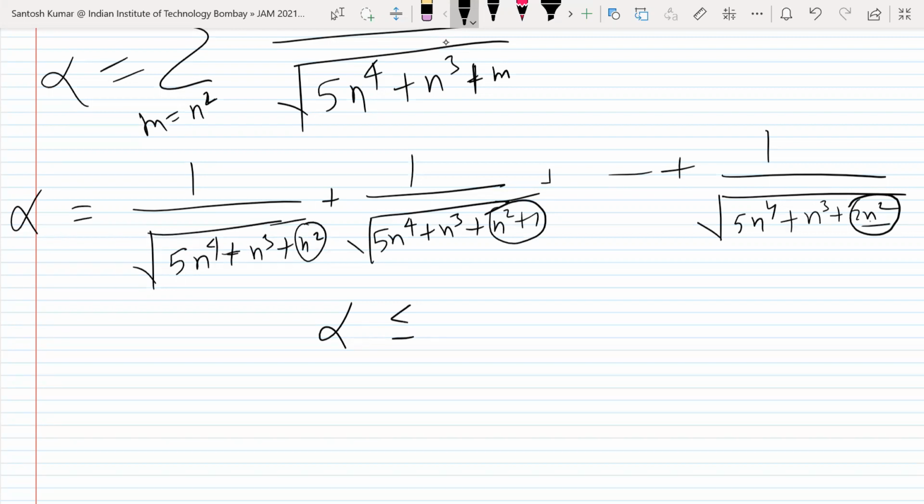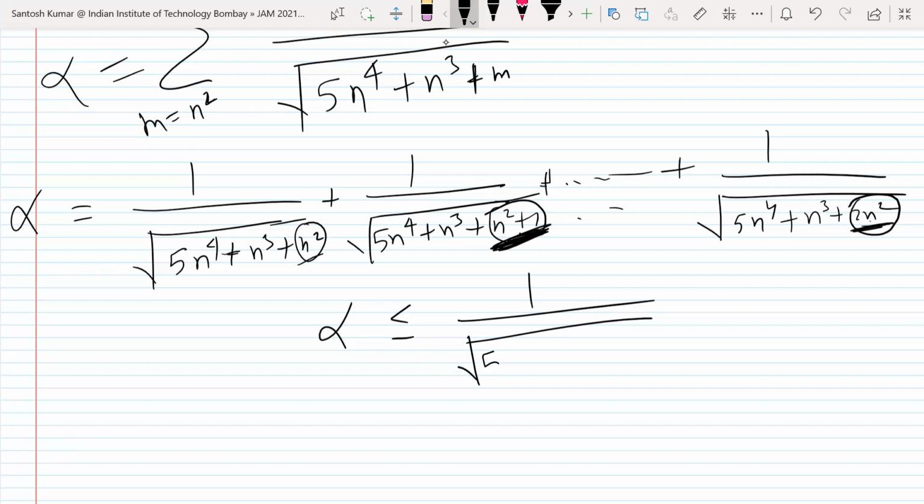All these numbers are more than n square. But it is in the denominator. So what I want to say is, in place of n square plus 1 you write n square, in place of n square plus 2 you write n square, in place of n square plus 3 you write n square, and so on, in place of 2n square you write n square. So what will happen? Actually, you are decreasing the values of the denominator, so the value of the whole term, I mean the fraction, will increase.